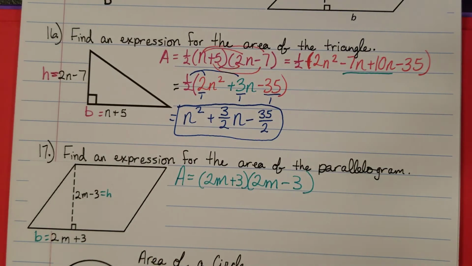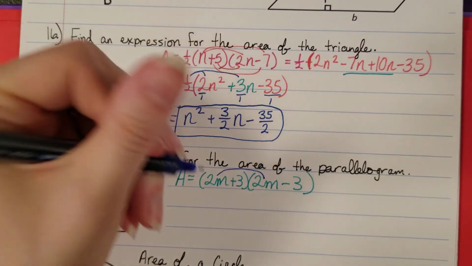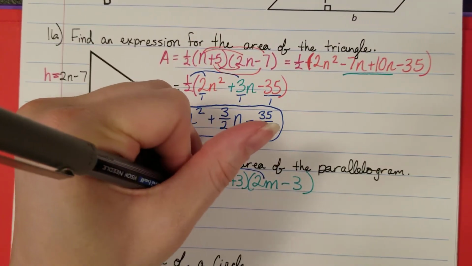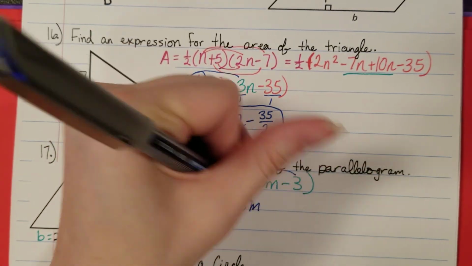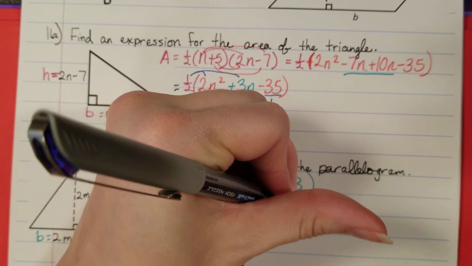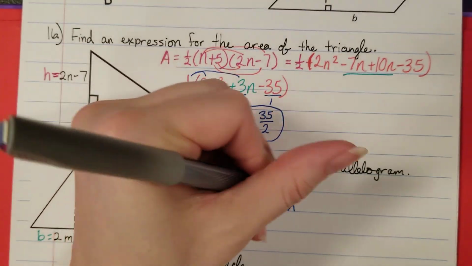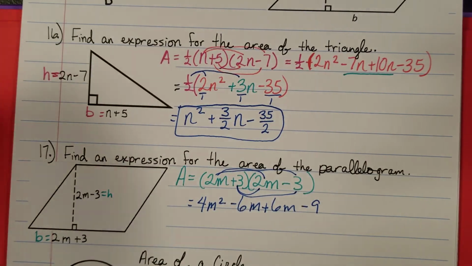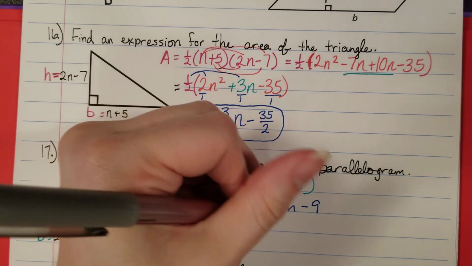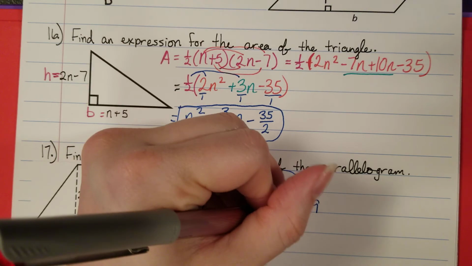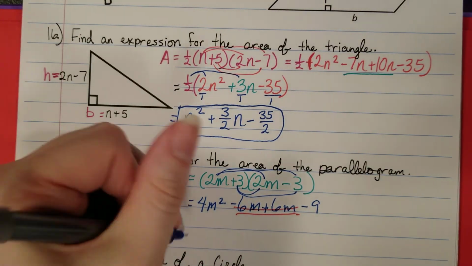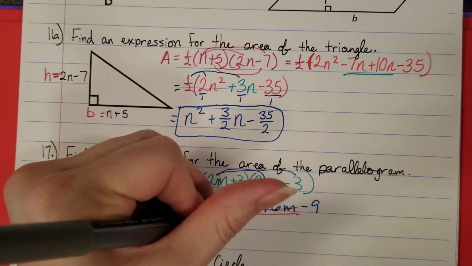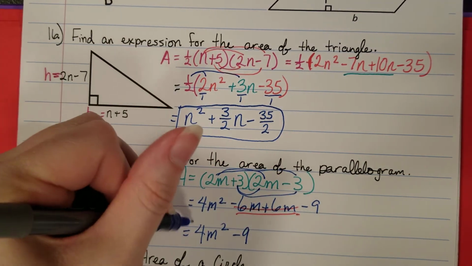So we would FOIL that. So that would be 4m squared minus 6m plus 6m minus 9. And then combine the like terms. Negative 6m plus 6m is just going to cancel out. So my final answer is going to be 4m squared minus 9.